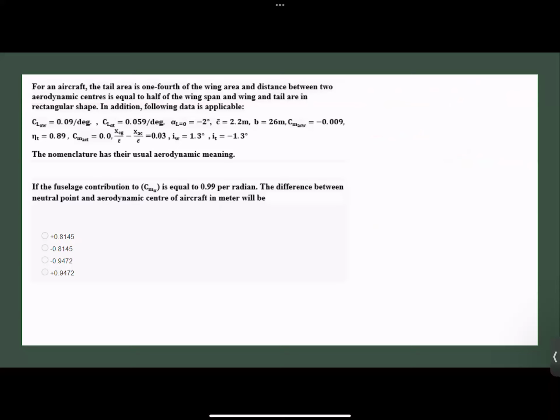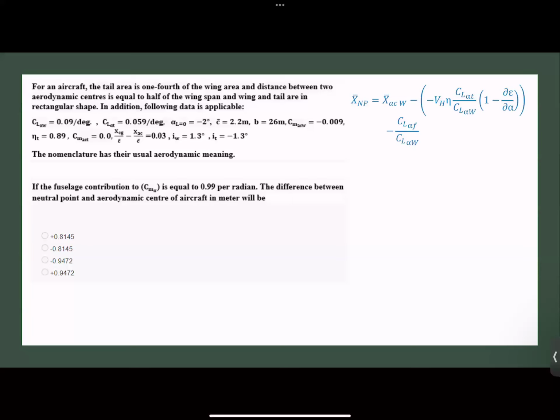The fuselage contribution to CM alpha is equal to 0.99 per radian. The difference between the neutral point and the aerodynamic center of the aircraft in meters would be? So the formula for the neutral point.